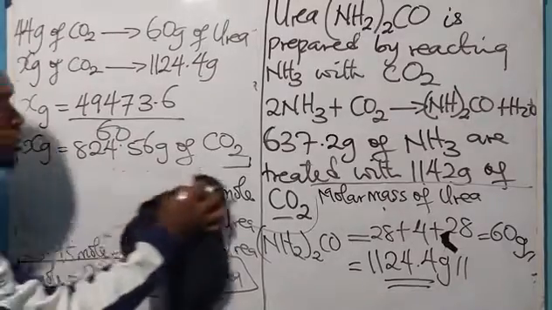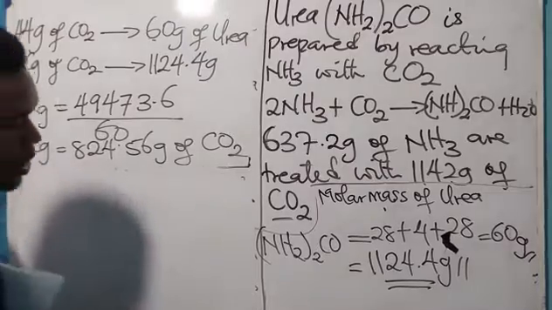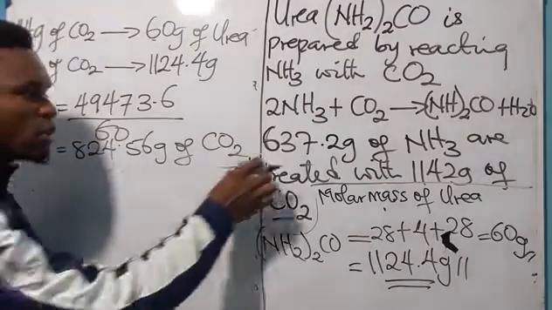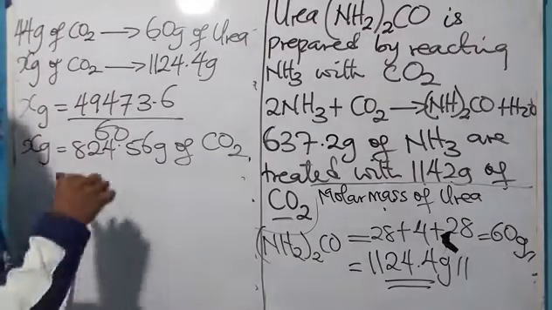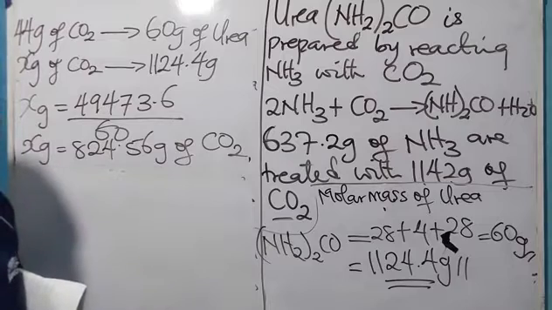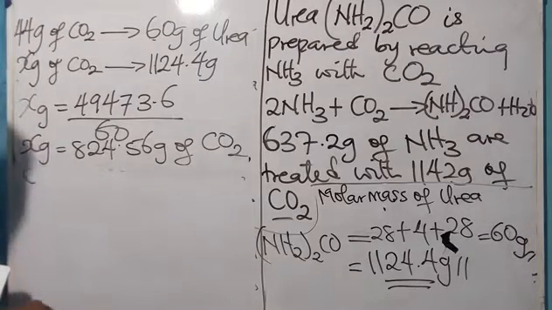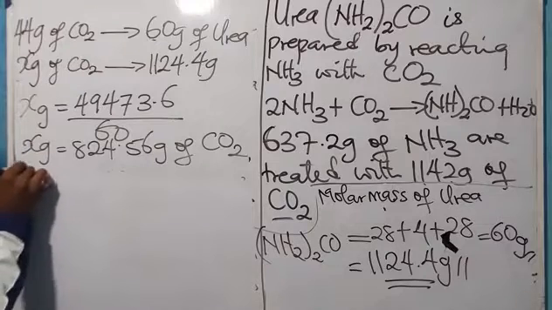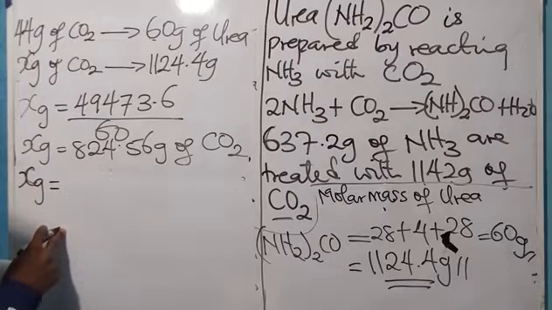Now, how do we know the amount of reactant remaining or left over? I told you it is the difference between this value and the one given in the question. Therefore S gram is equal to carbon dioxide, which we were given as 1000.